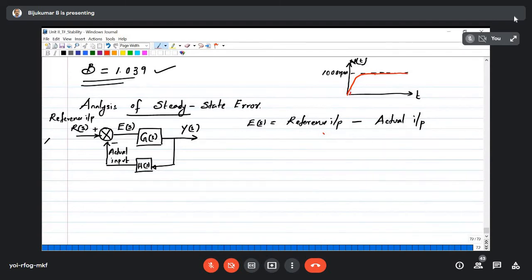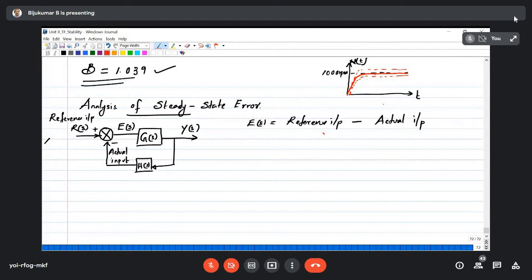But sometimes there will be some steady state error like this, or it will be like this, plus or minus something will come. It depends upon the system parameters, right? We need to see how much steady state error is coming to the system, and whether it depends on other factors, because the transfer function has different orders depending on the plant: first order plant, second order plant, third order, something like that, right? So is any factor affecting the steady state value or not? That's what we are going to do.